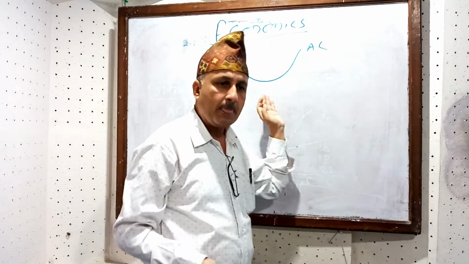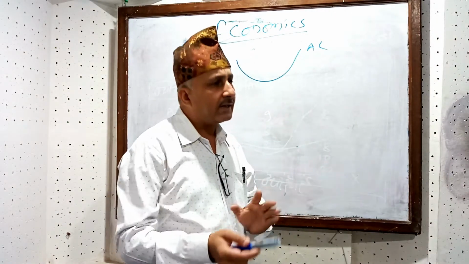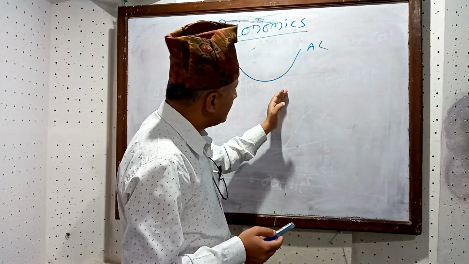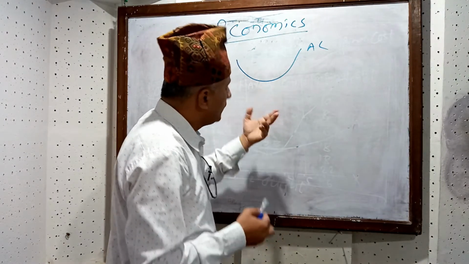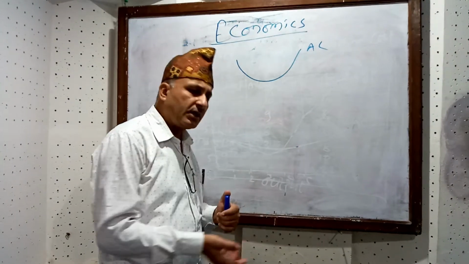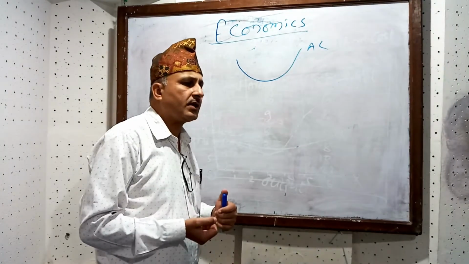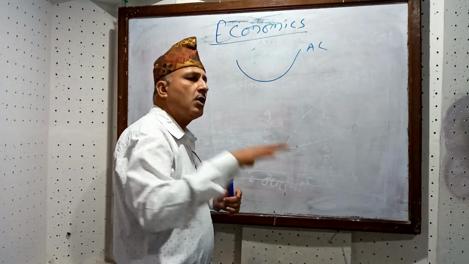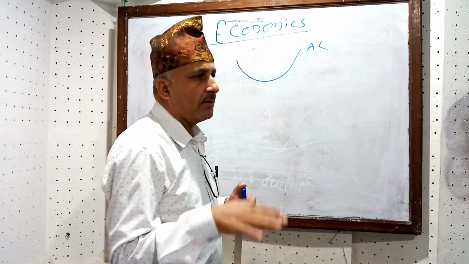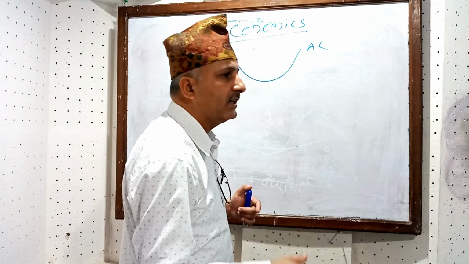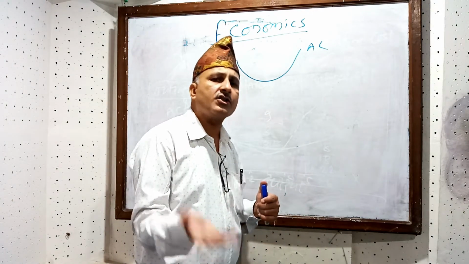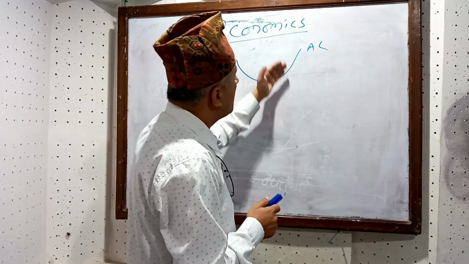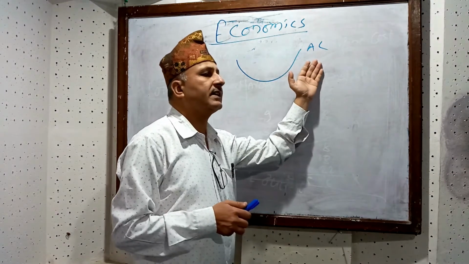And again, if we go on increasing the units of variable factors of production beyond that point, what happens? Production does not increase. Production starts diminishing. That's why diminishing returns operate in the production process. As a result, per unit cost starts increasing.